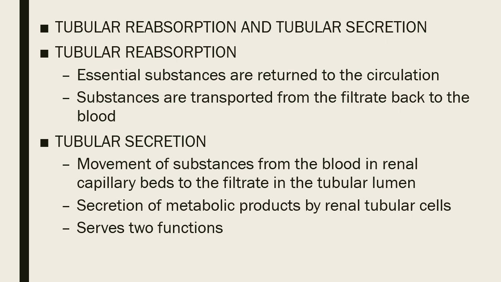There are also active and passive transports here. For active transport, you have ions and organic acids, and for passive diffusion, you have drugs and the rest. Then there is hydrogen ion secretion, which is important in the regulation of blood pH.